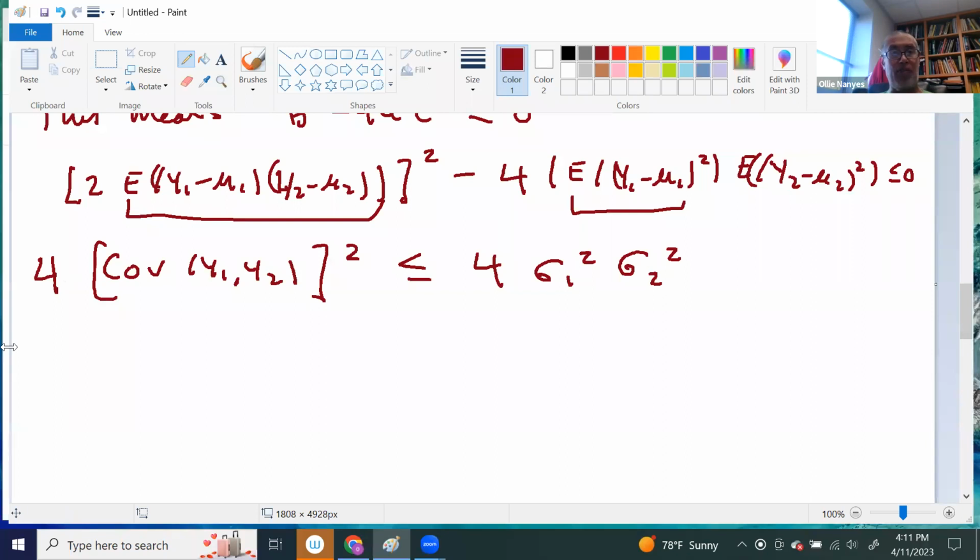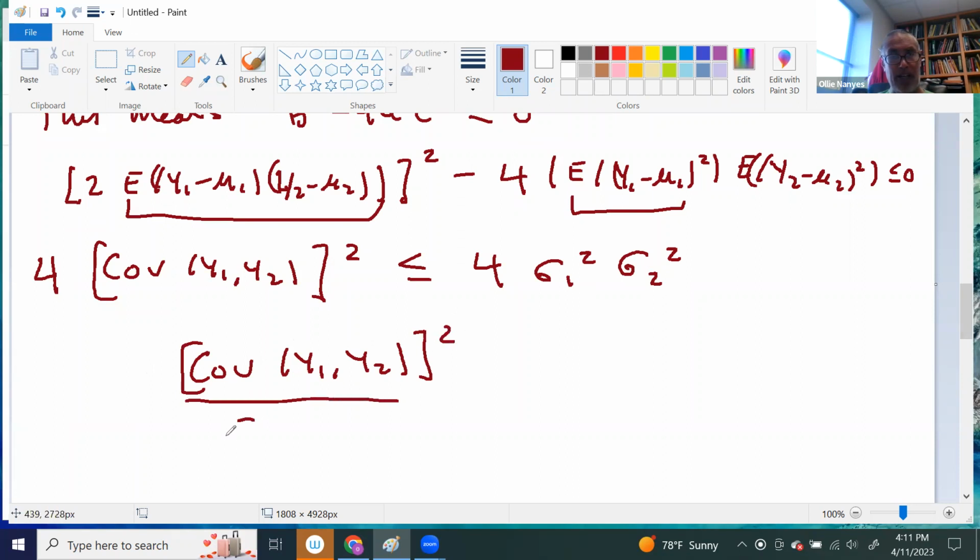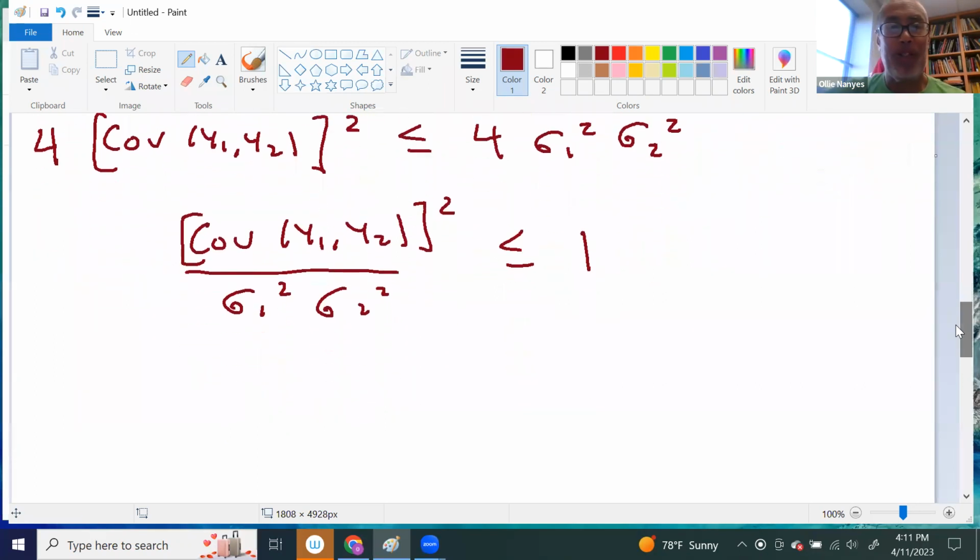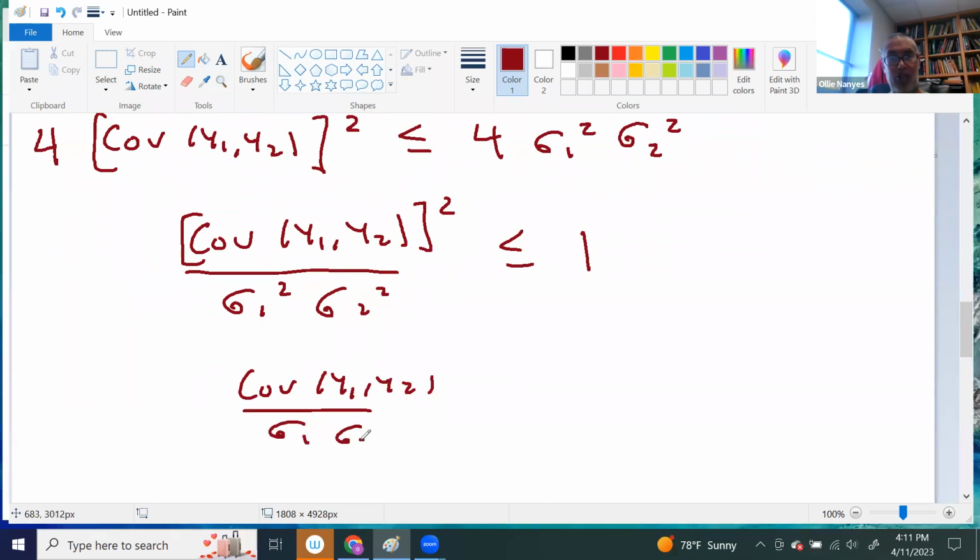Then dividing by 4, we get the square of the covariance divided by the product of the variances, and you don't have to worry about division since these are all positive, is less than or equal to 1. And it follows that the covariance of y1, y2 divided by sigma 1 sigma 2 is less than or equal to 1 and greater than or equal to -1.